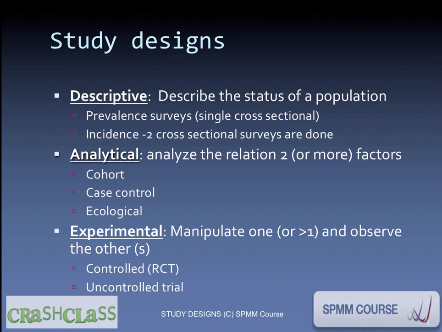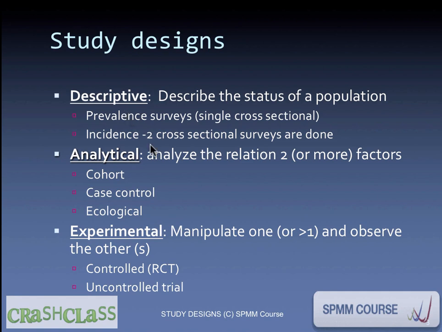So a single cross-sectional survey is also called a prevalence survey, because by asking a sample of people a specific question on a particular condition, you could understand the prevalence of the condition. In other words, you can find out how common a problem is by doing a single cross-sectional survey. For this reason, we call a single cross-sectional survey a prevalence survey.